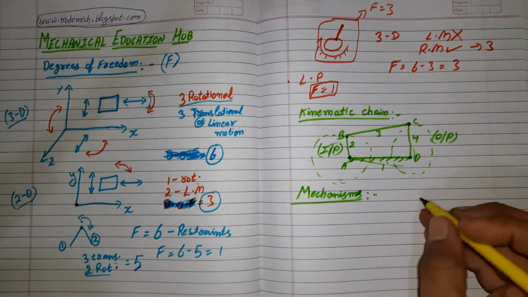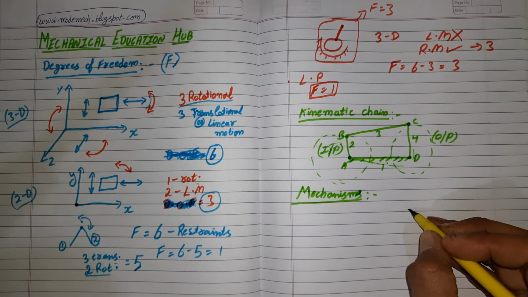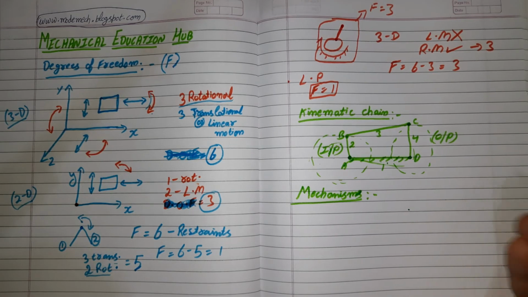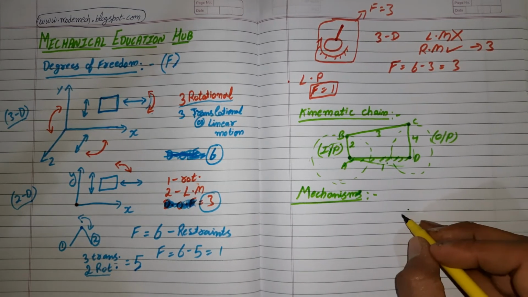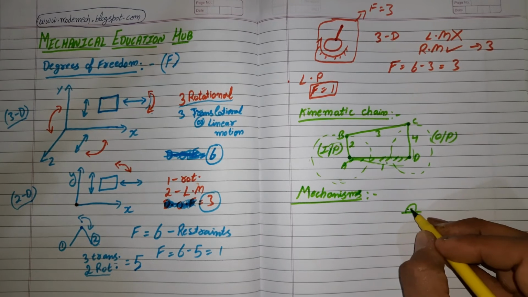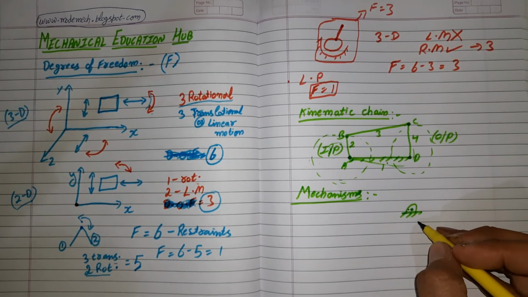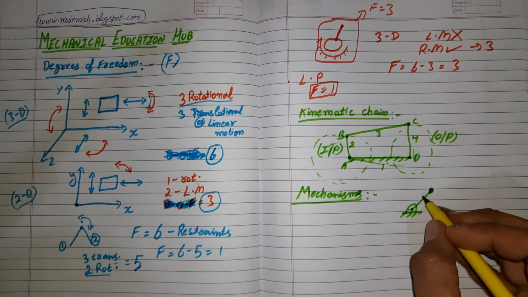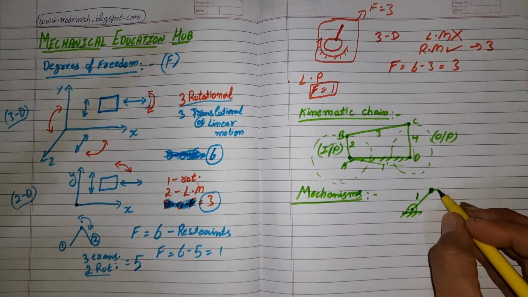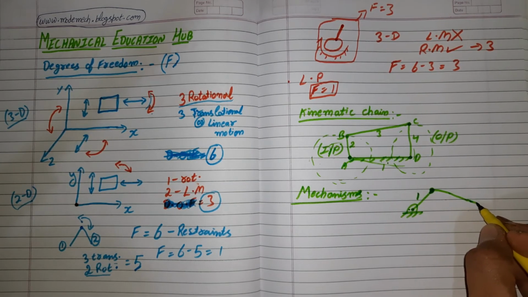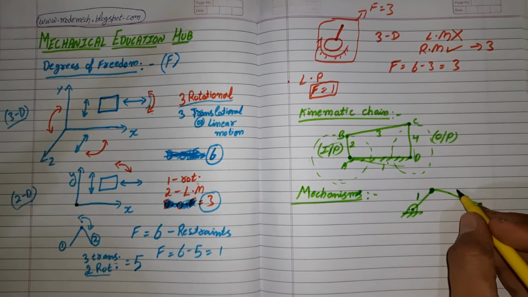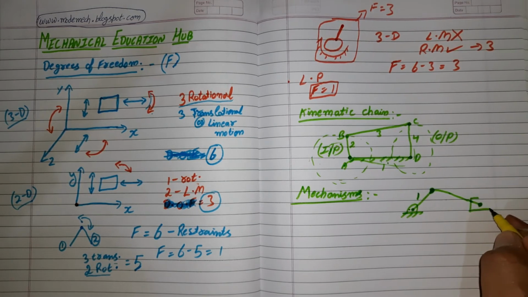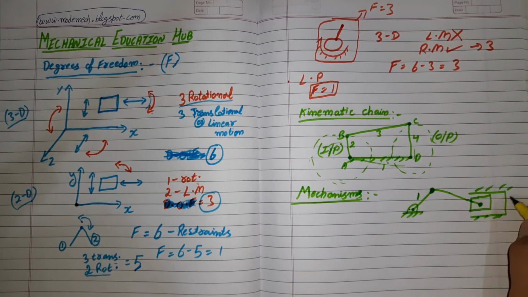We can take one more example. That is a very common example of engine. In engine we have a crank connected to fixed link, a connecting rod, and this cylinder is also fixed.